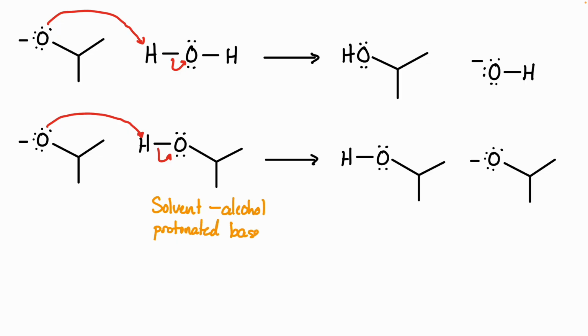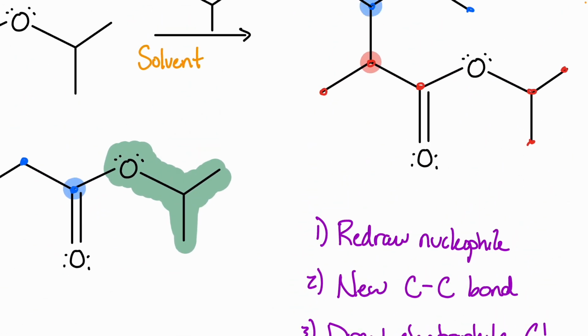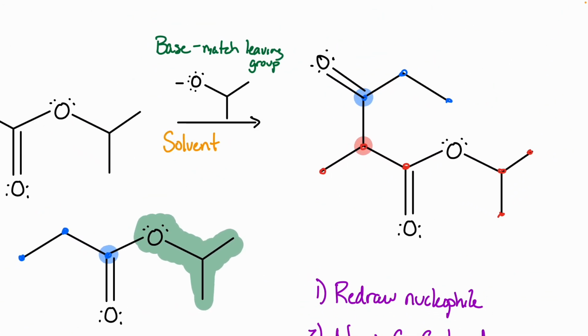It should also match that ester leaving group. So in this case, my solvent is again what we would call isopropanol, or 2-propanol.